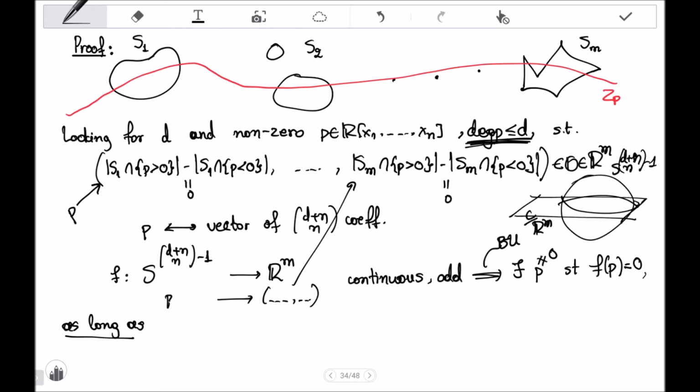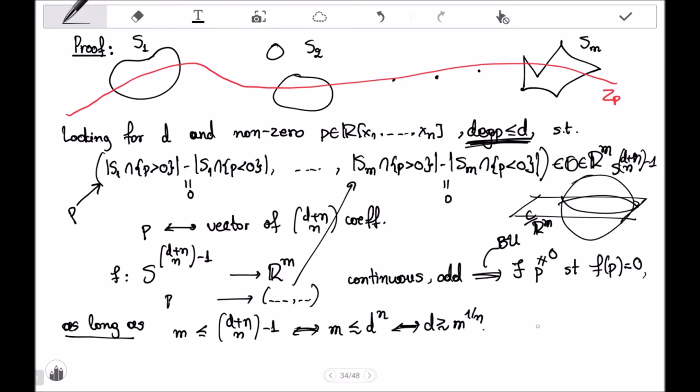And all I need is that m is at most (d+n choose n) minus 1. For every d satisfying this, we are okay. We can find the polynomial of at most degree d bisecting. That's equivalent to saying that m is at most d to the n, pretty much, or that d is at least m to the 1 over n.